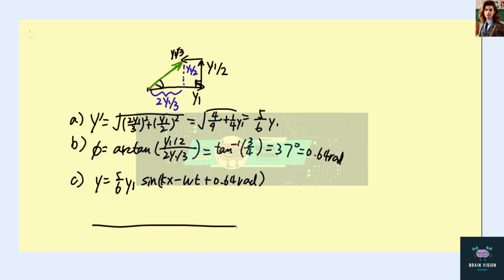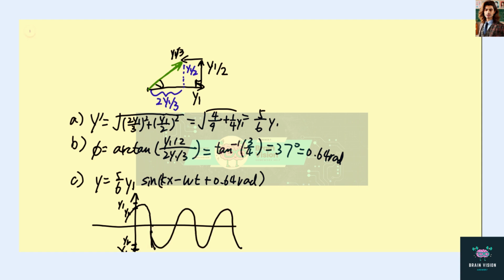So finally, for part C, the question wants us to graph it. This is something that you probably need to use a graphing calculator for. This is y1, and this is roughly ym.